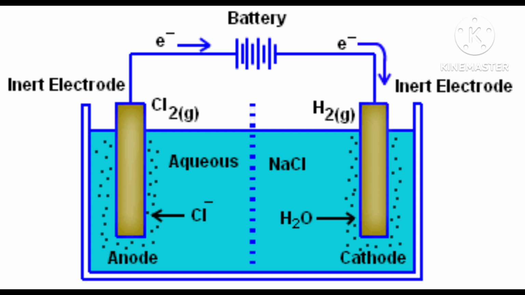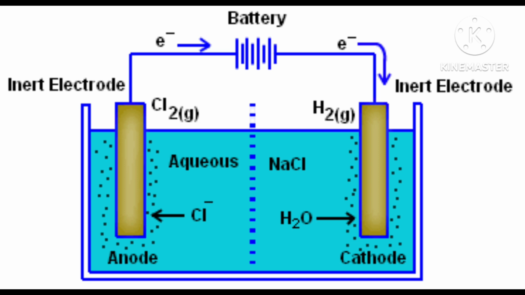You know that in an electrolytic cell, a reaction takes place only after passing current. If you do not pass the current, there will be no reaction. Current is essential.